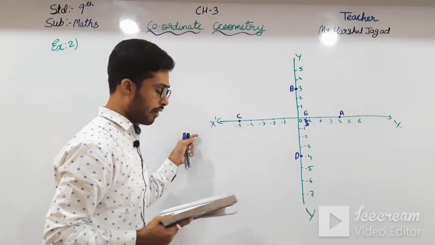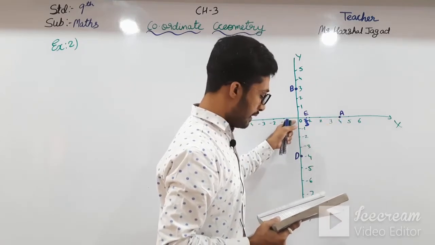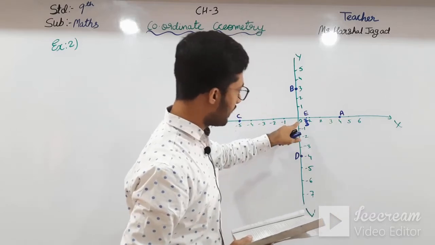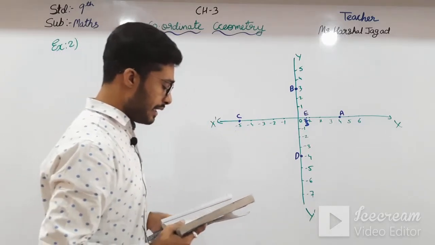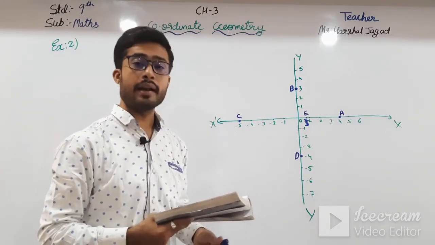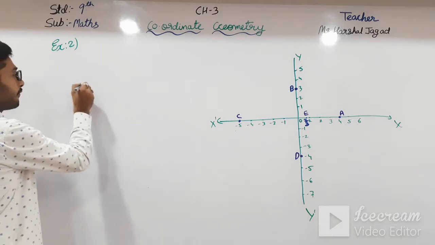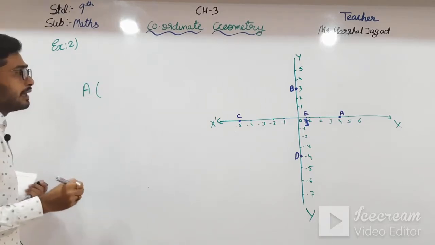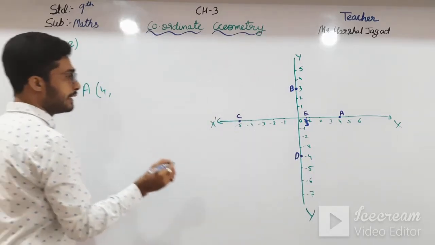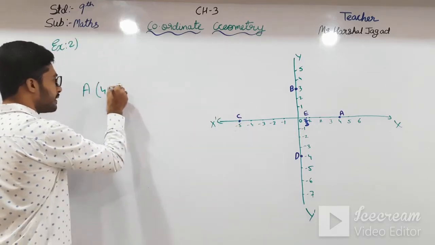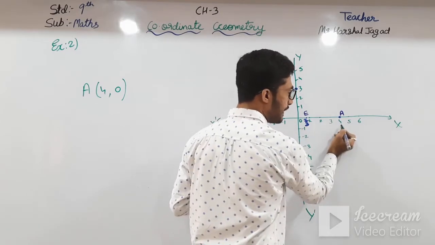Therefore, the x coordinate of A is 4 and the y coordinate is 0, and hence the coordinates of A are (4, 0). If A is there, then the x coordinate is +4 and the y coordinate is 0.